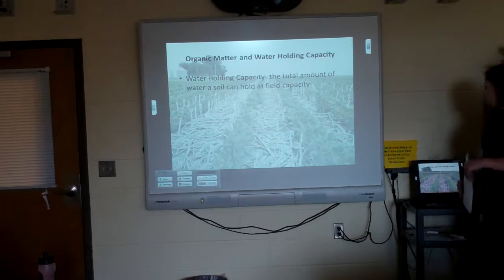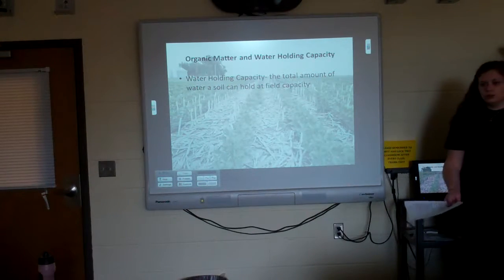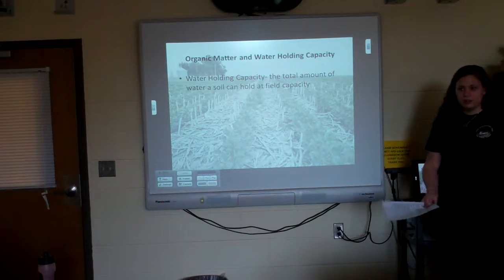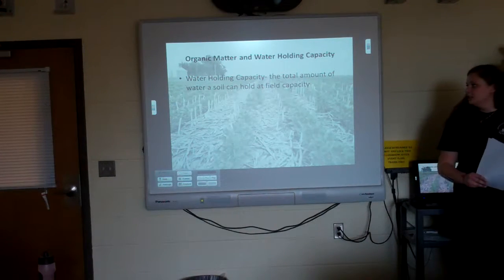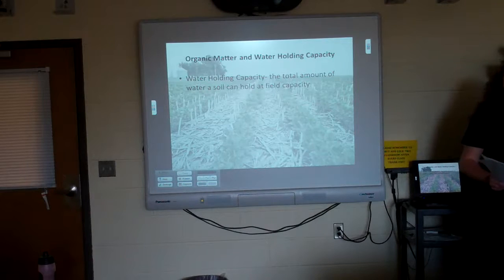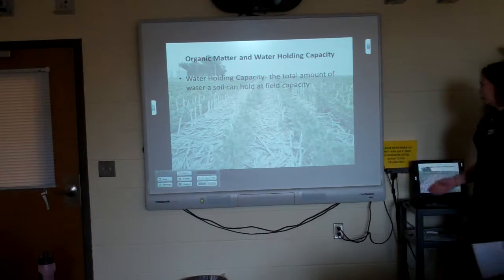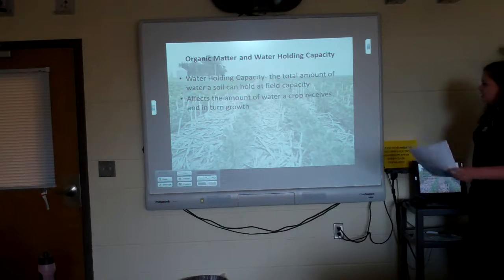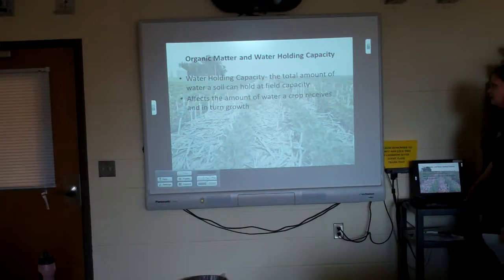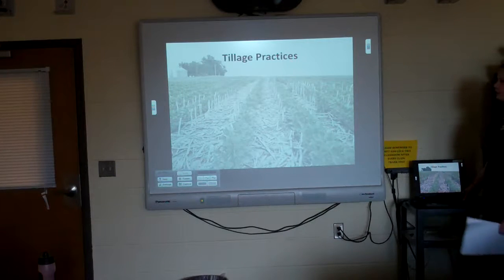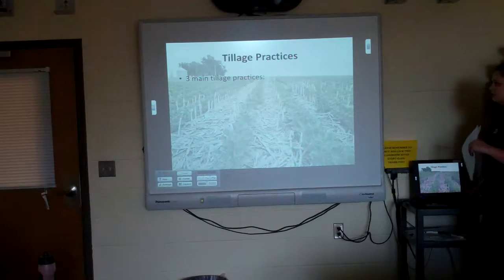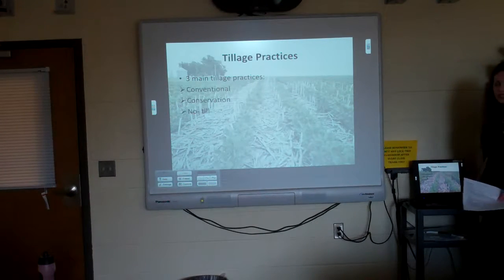And the water holding capacity is the total amount of water a soil can hold at field capacity. So this affects the amount of water a crop essentially gets, and then that will affect your yield. And so tillage affects all of these things differently. And the 3 tillage practices are conventional, conservation, and no-till.